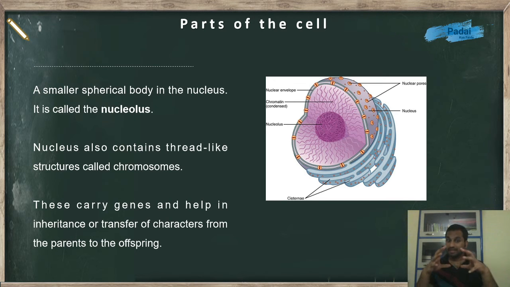At the same time, inside the nucleus, we have one more spherical body, which is said to be the nucleolus. The nucleolus also contains thread-like structures called chromosomes. This is very important. You need to understand this. So inside the nucleus, we have a spherical body, the nucleolus. In this nucleolus, we have thread-like structures called chromosomes.